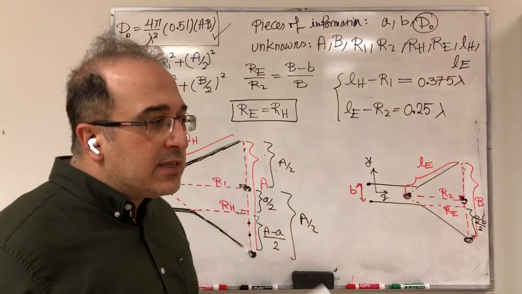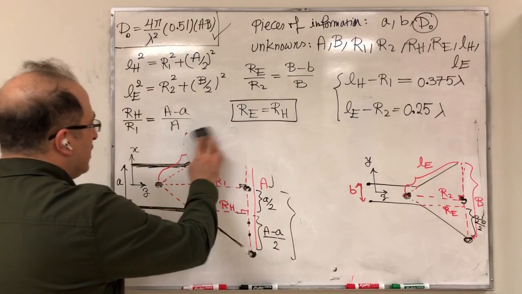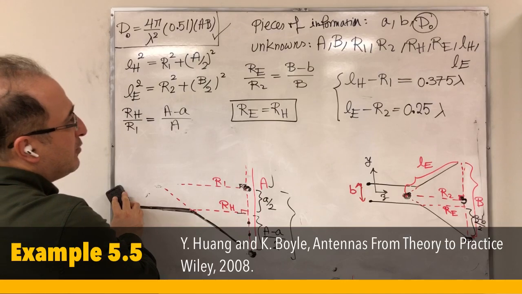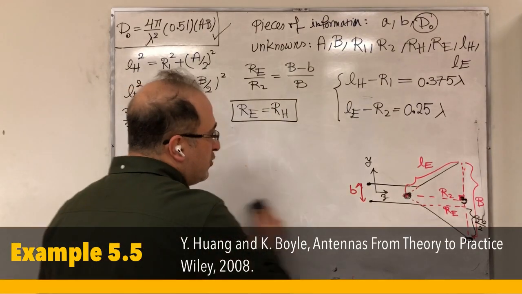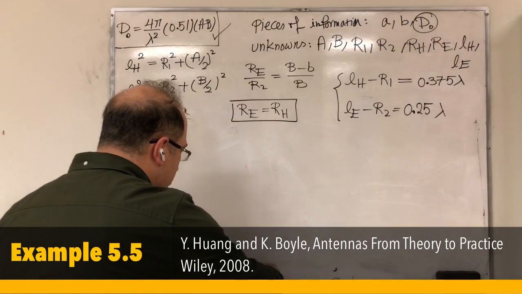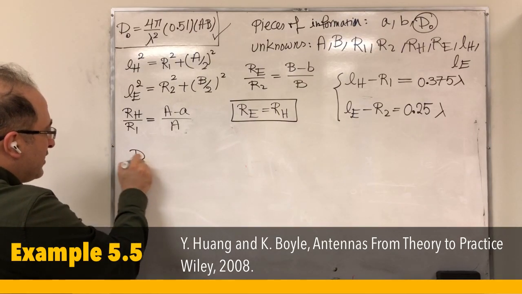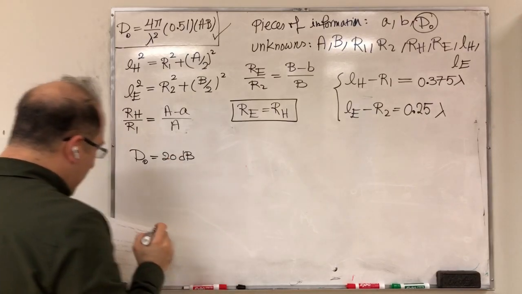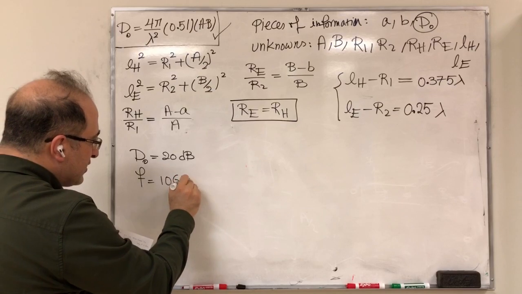Okay, now let's consider an example for design. So let me just remove this completely and write my example. The example says that we desire to have a directivity of 20 dB at the frequency of 10 gigahertz.